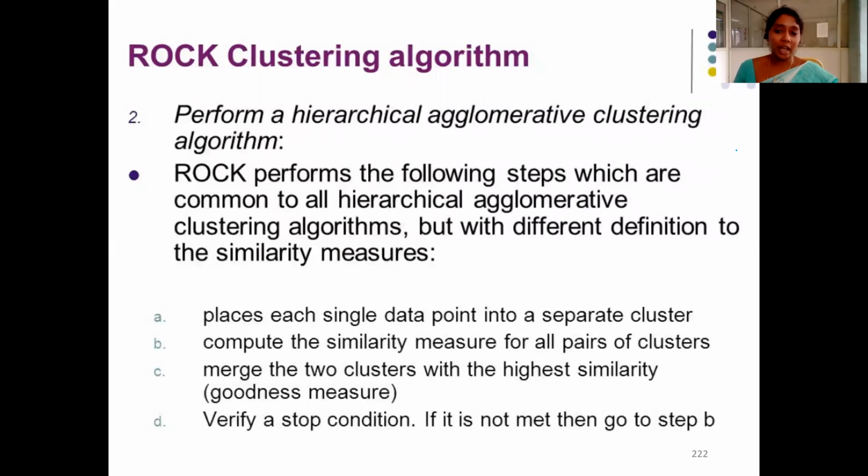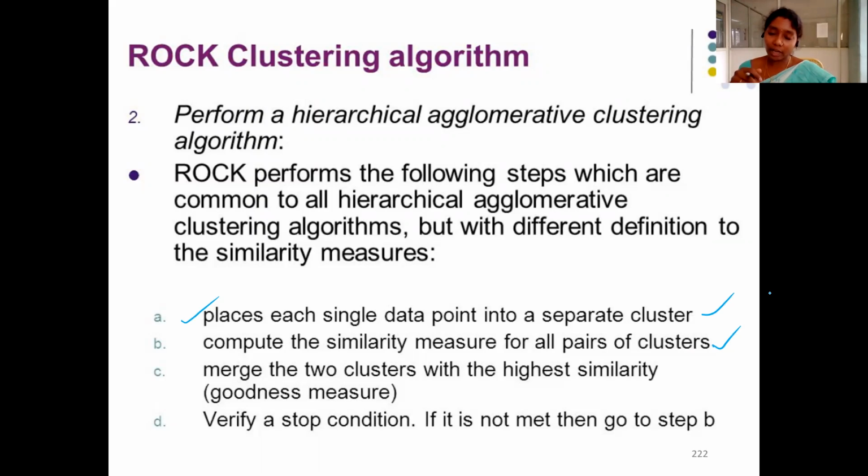Next, in step 2, perform a hierarchical agglomerative clustering algorithm. ROC performs the following steps, which are common to all agglomerative algorithms. So how to perform clustering? First, it places each single data point into a separate cluster, since it follows an agglomerative algorithm. Next, compute the similarity measure for all pairs of clusters, based on the Jaccard coefficient.